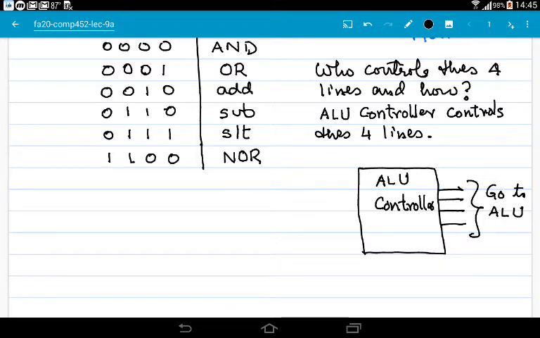So these are outputs of the ALU controller and inputs of the ALU, right?